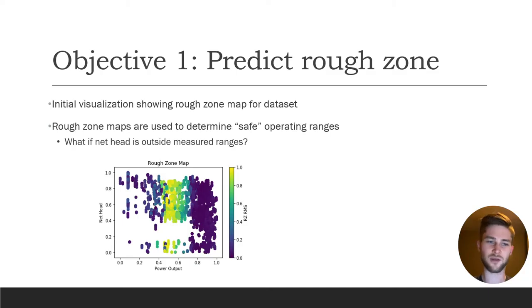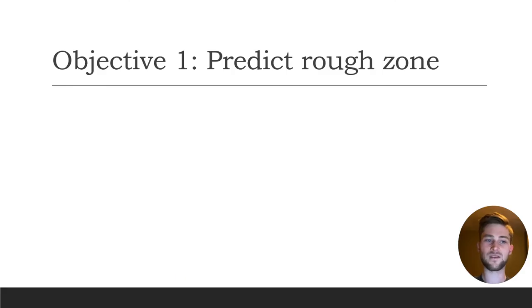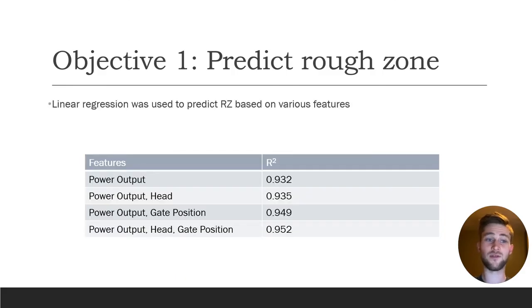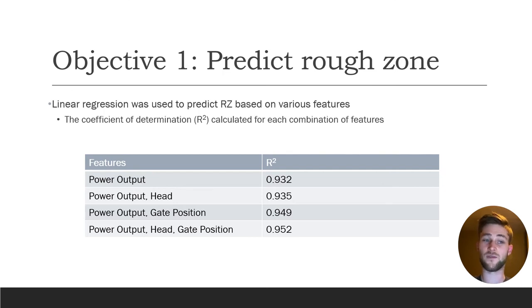So what if the reservoir level drops below what we've seen before? What if it rises above what we've seen before? So we wanted to predict the rough zone outside of the acquired data for net head. In order to do this, we used linear regression to predict rough zone based on various features. The coefficient of determination, or R-squared value, was calculated for each combination of the features.